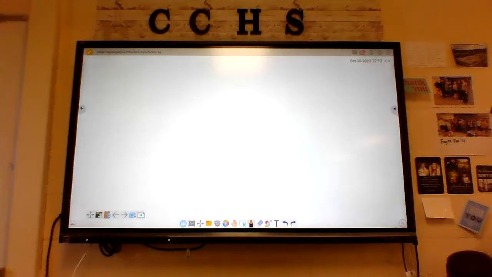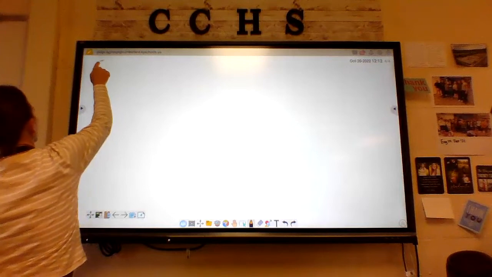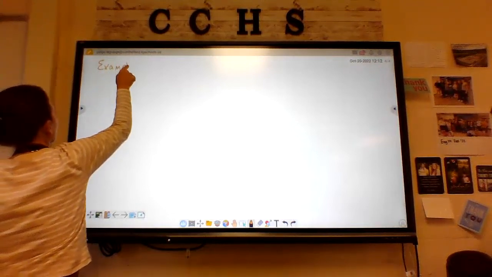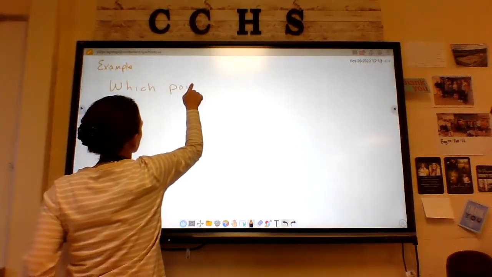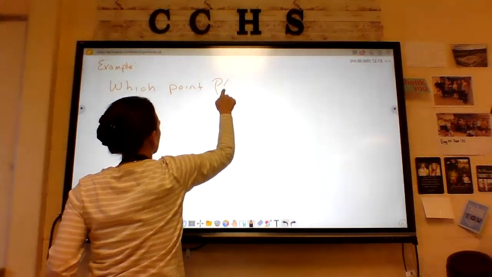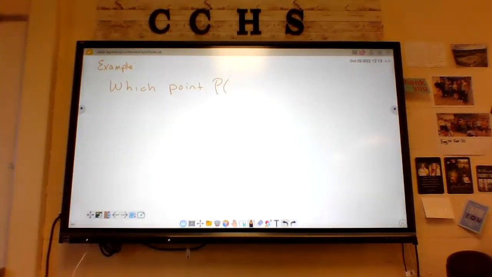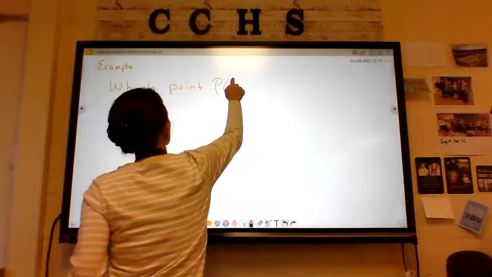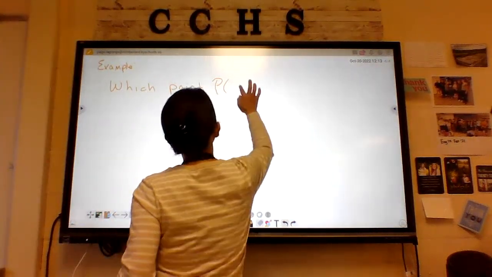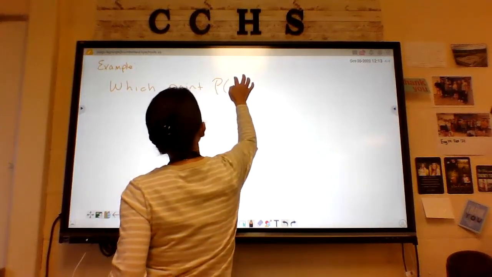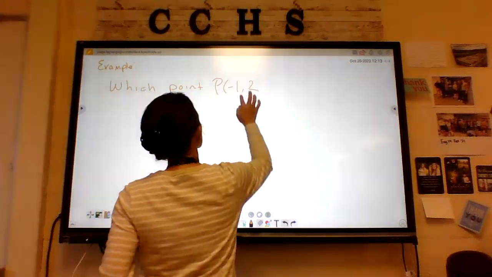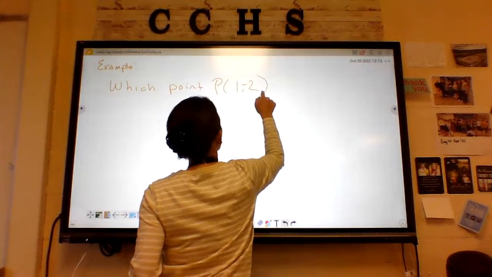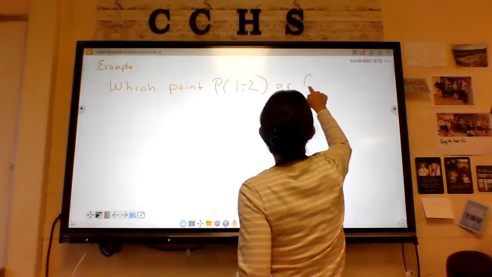You may see a question that looks like this. So you need to know what to do in this situation. Here's another example. Which point, P (negative 1, 2) or Q (switch the signs of those), is closer to the point R (5, 3)?